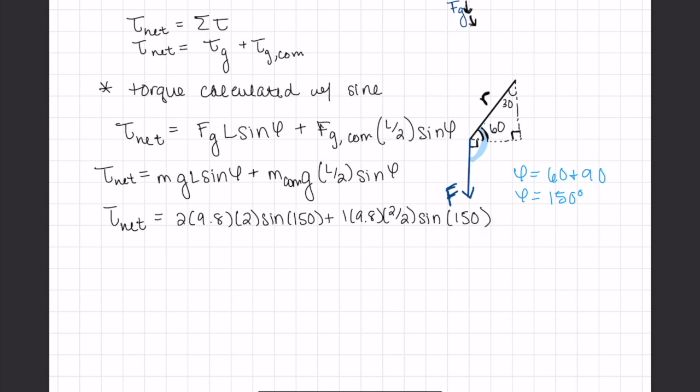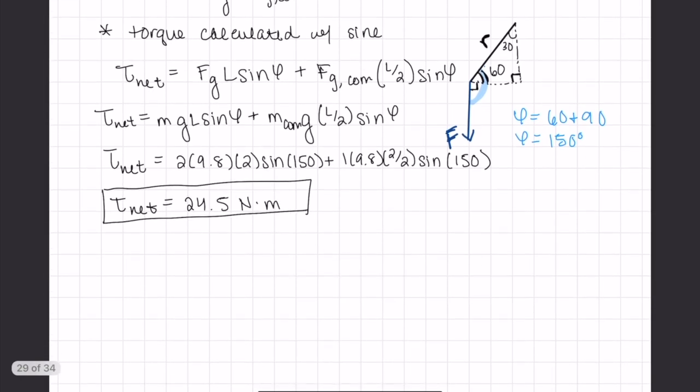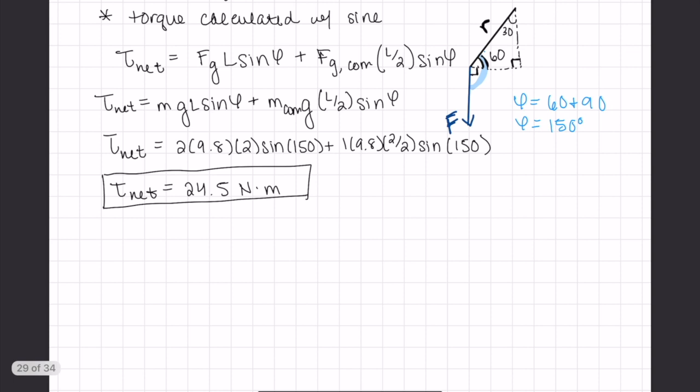We'll go ahead and plug that all into our calculators, and when I plug that in, I get 24.5, and the units on this is newtons times meters. Okay, so now I'm just going to go ahead and solve it the other way, which is going to be torque calculated with the perpendicular.